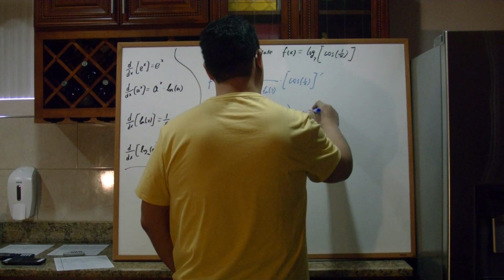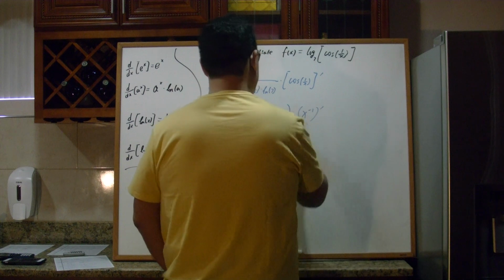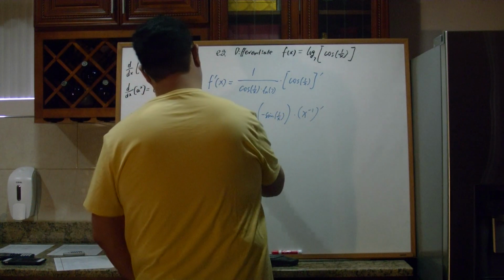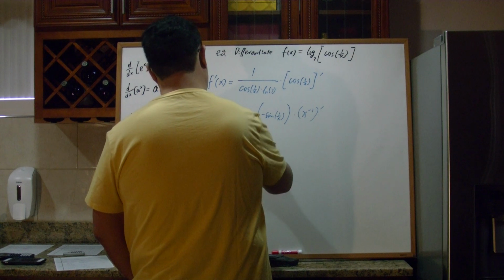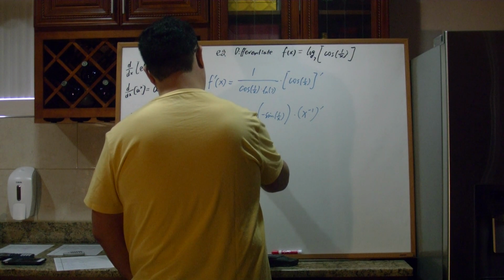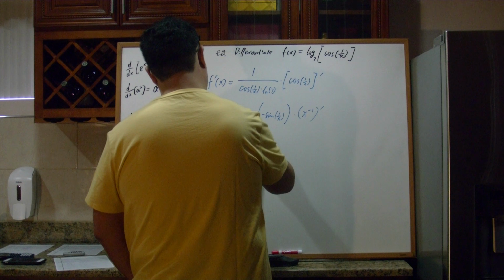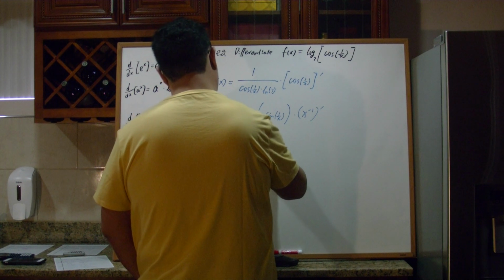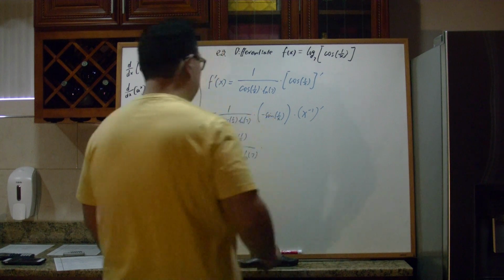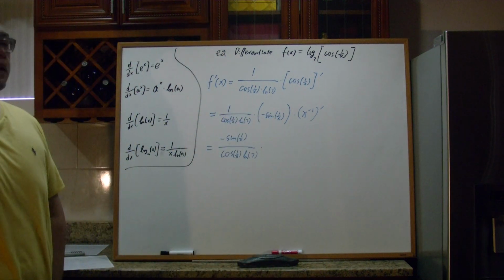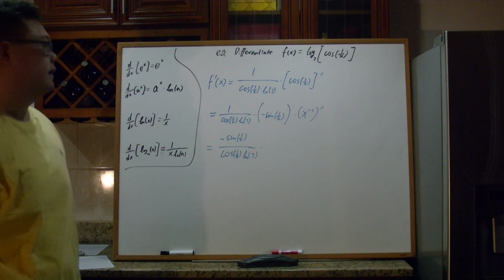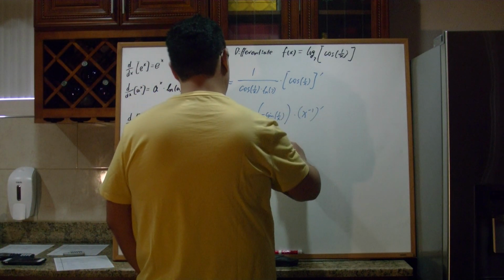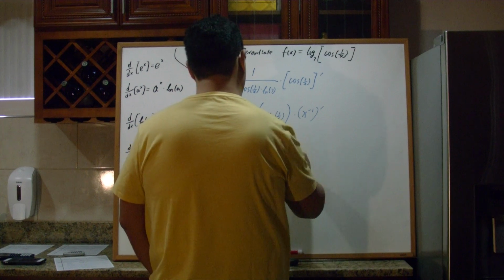Multiply the derivative of 1 over x. Negative sine of 1 over x over cosine of 1 over x times natural log 7. Multiply the derivative of x to the negative 1, that's negative 1 x to the negative 2.